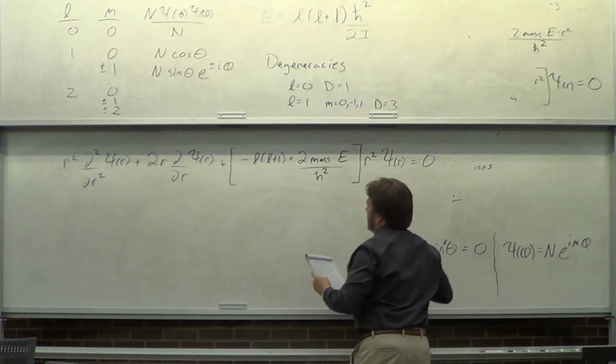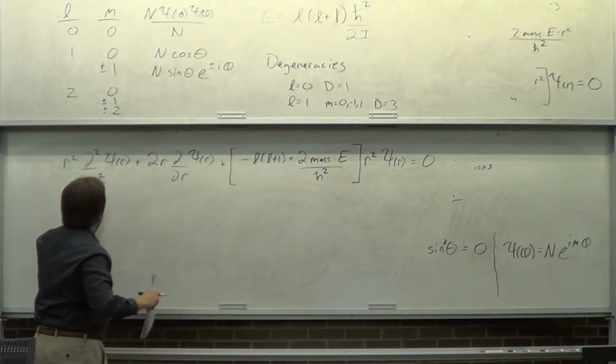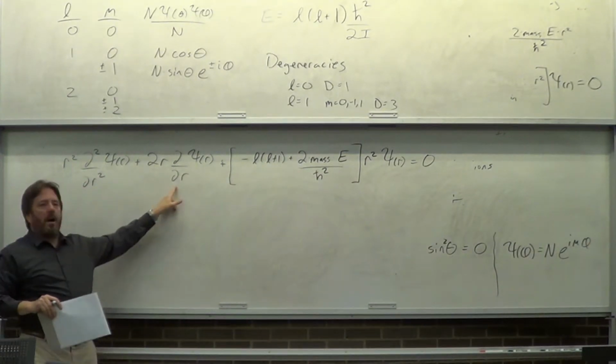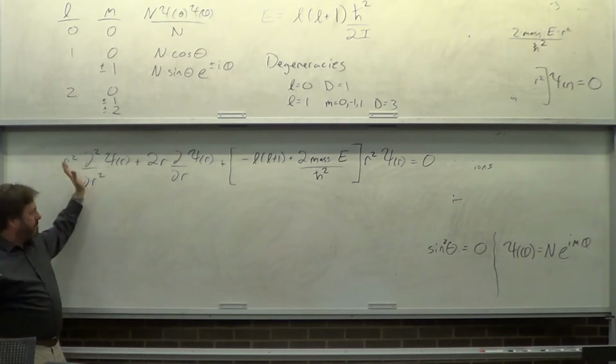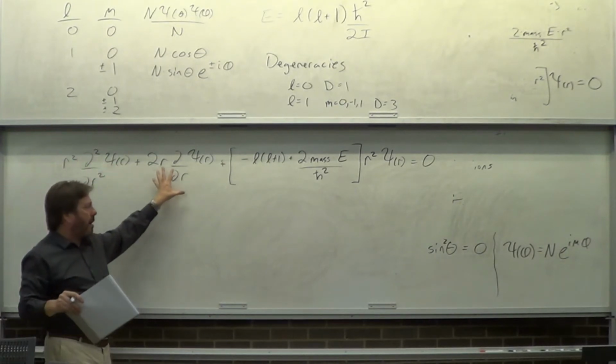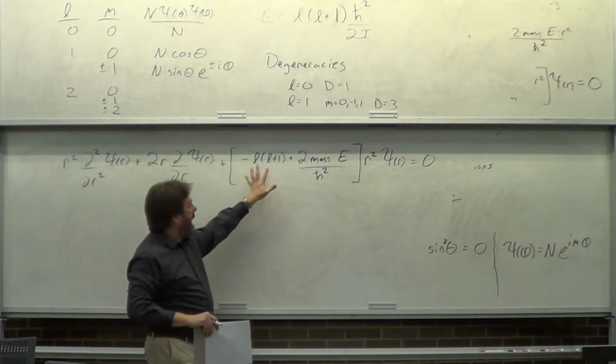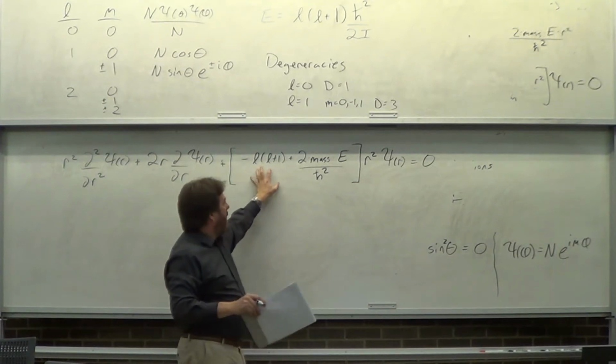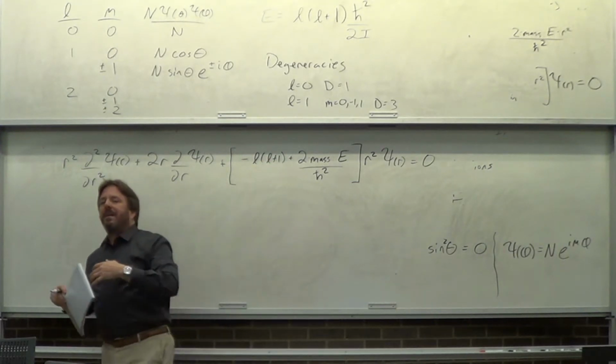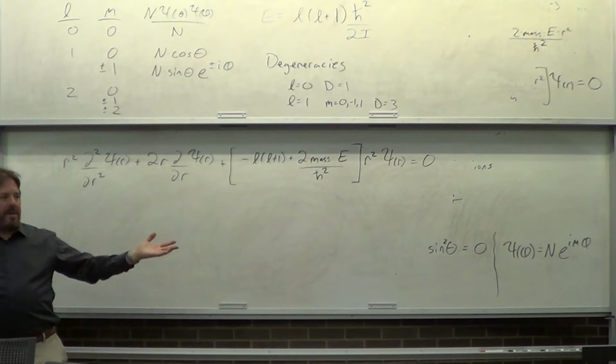So again, let's just break it down. Here are the three-dimensional d/dr terms, because r is not fixed. Here's the angle part, which just ends up being its eigenvalue.